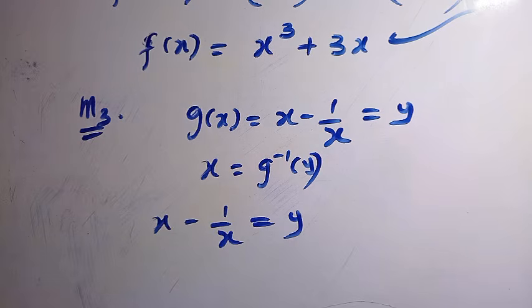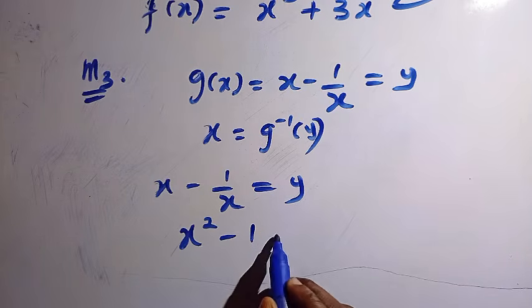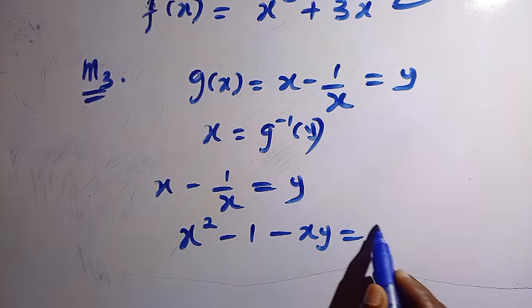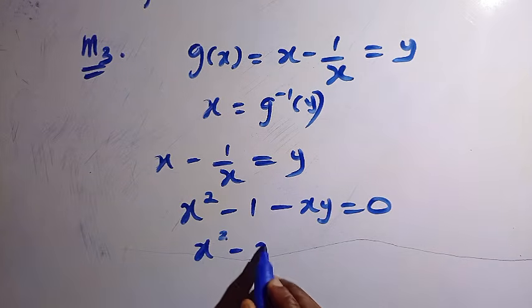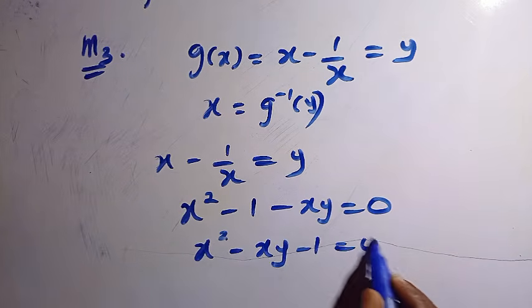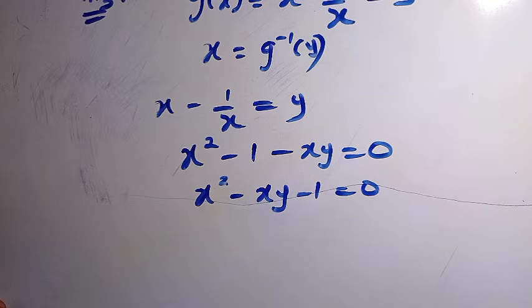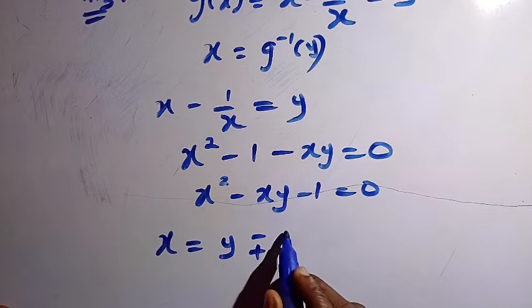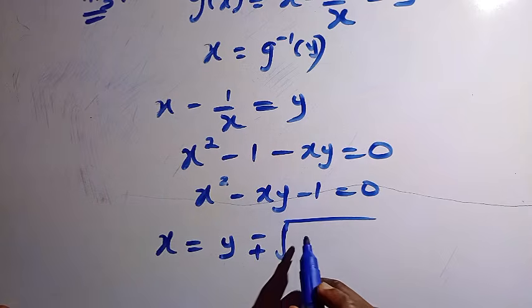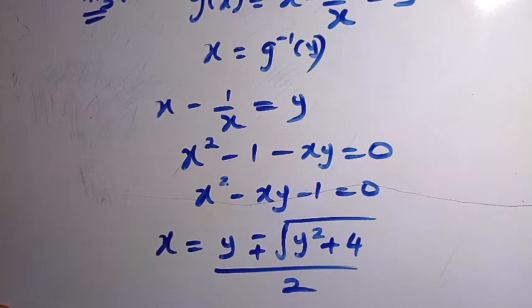By multiplying through by x, we have x squared minus 1 minus xy equals 0. Or we simply have this as x squared minus xy minus 1 equals 0. So we solve this quadratically, and by solving this quadratically, we are going to have x equals y minus plus the square root of y squared plus 4, divided by 2.